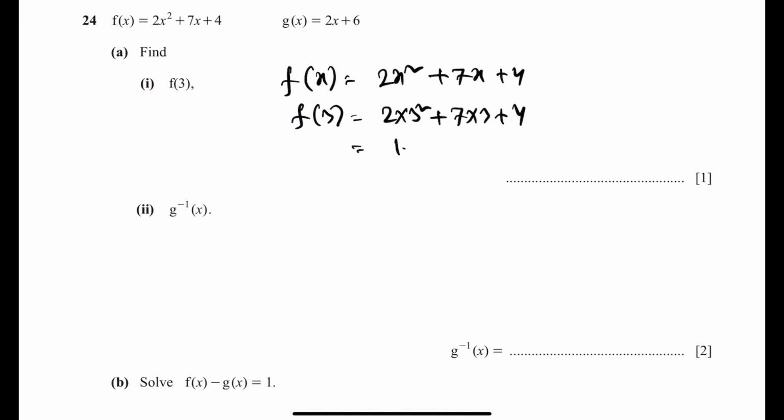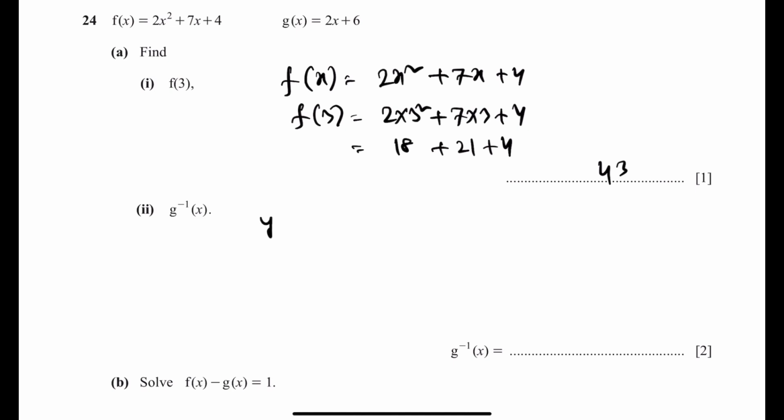So 3 square 9, 9 times 2 is 18, 21 plus 4. Now if we simplify all this, maybe we are having 43.